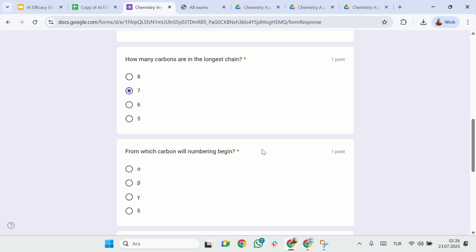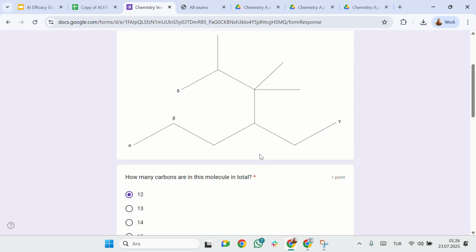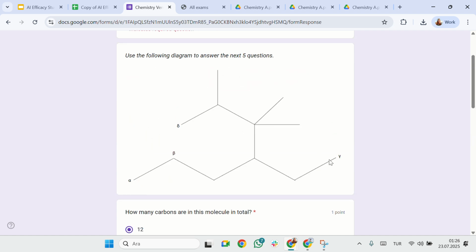From which carbon will numbering begin? Alright. I think we should start from here because the branches should have the smaller number. So 1, 2, 3, 4 in here.